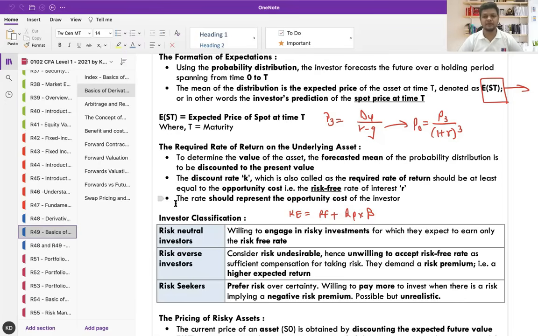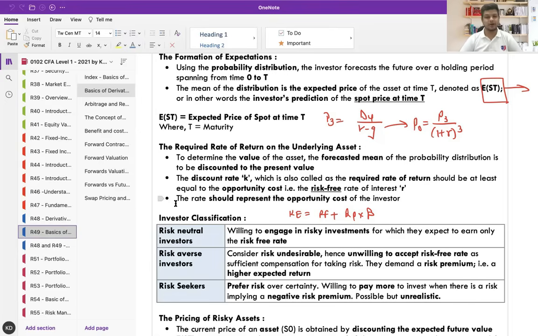So when you're valuing an underlying asset like equity, your discounting will be risk-free plus risk premium, because you assume the investors in that case are risk averse. Am I correct? Yes.